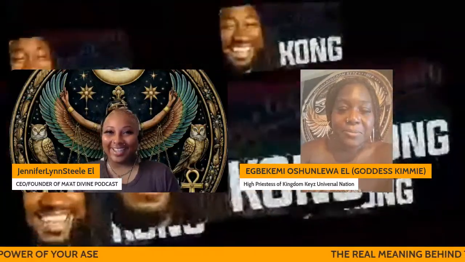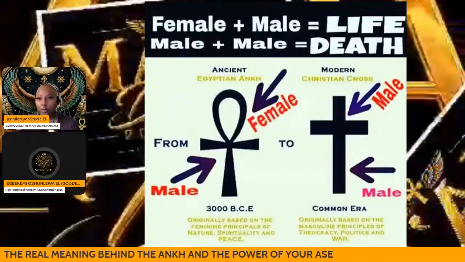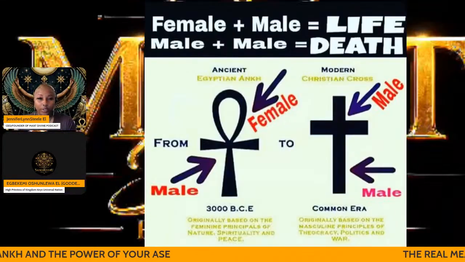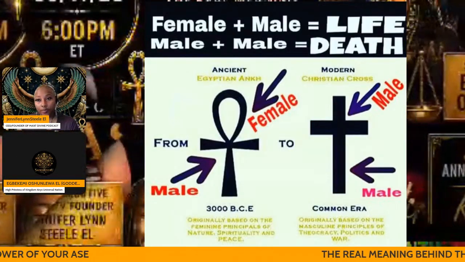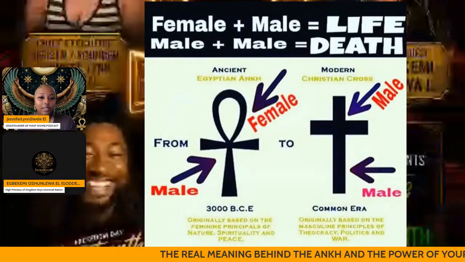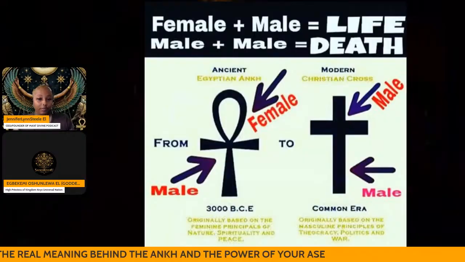I appreciate that. You flowed it so good because that's going to bring me right into what I wanted to say regarding the Ankh. So you all, why is it that one of the oldest spiritual symbols on earth is not the cross, but the Ankh? And why does the symbol of life appear thousands of years before Christianity?